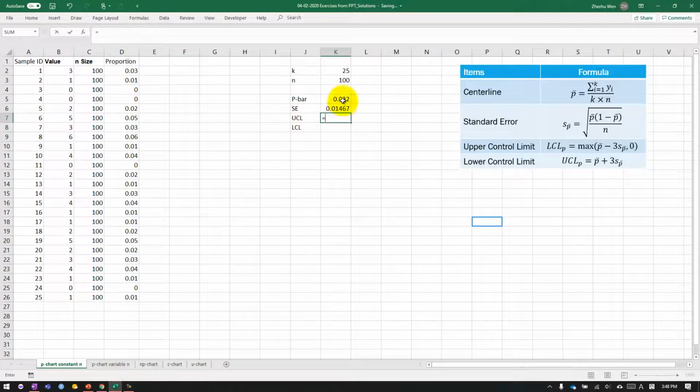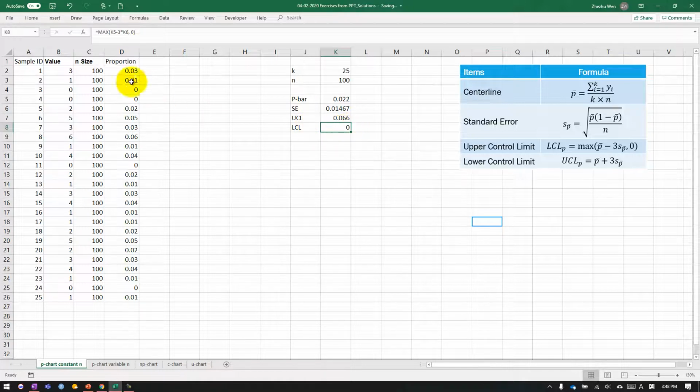And then the upper control limit is very simple: P bar plus 3 multiplied by the standard error. The lower control limit is going to be the maximum between P bar minus 3 multiplied by standard error, or 0, whichever is greater. So as you can see, it gives you a negative number, therefore we're taking 0 as the lower control limit because proportion can never go below 0.